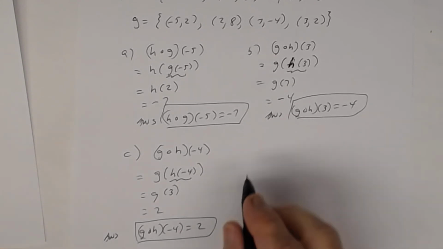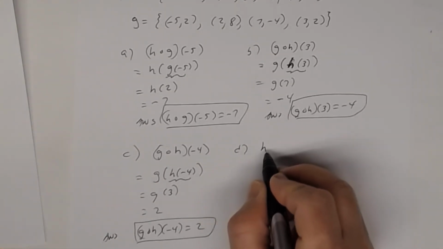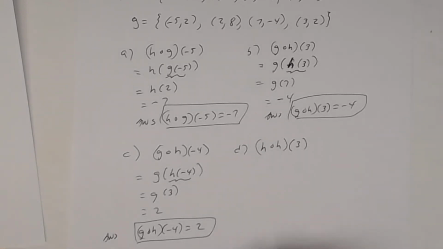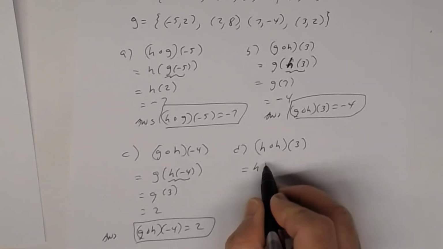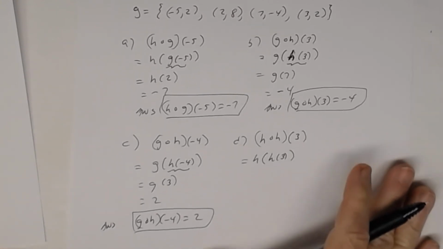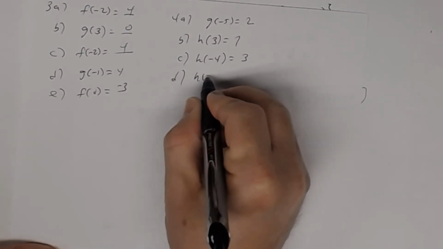Let's do D. So let's do h composed with itself at 3. h composed with h at 3. All right, so by definition, this means h of h of 3. And so for D, we need to find h of 3.